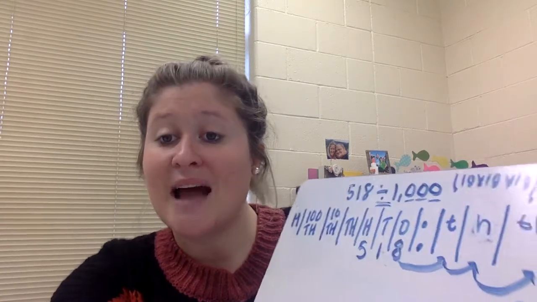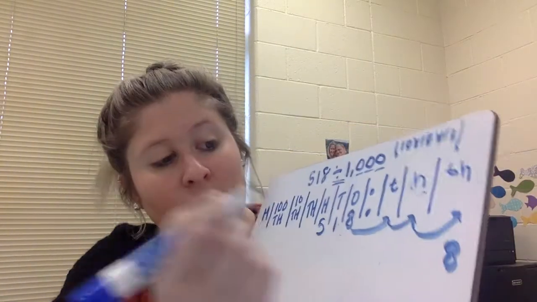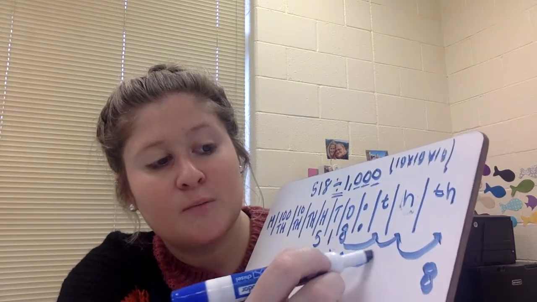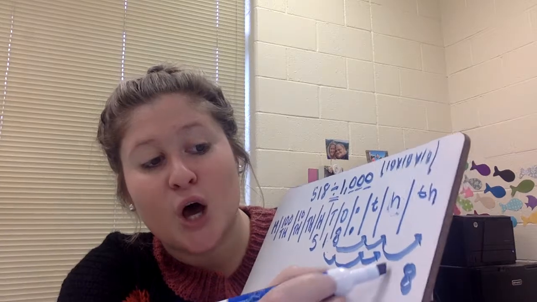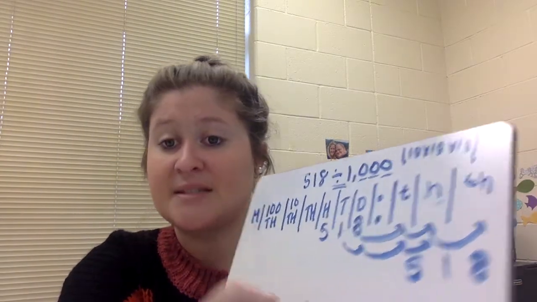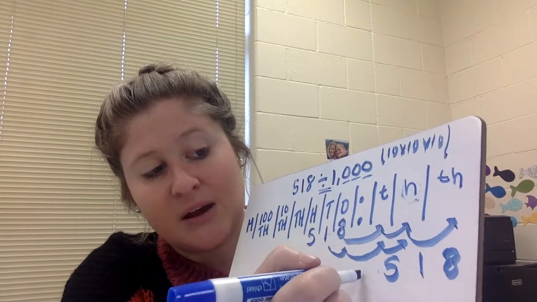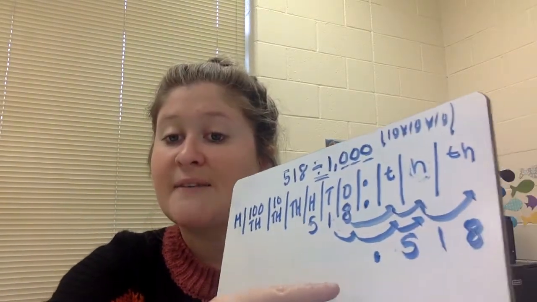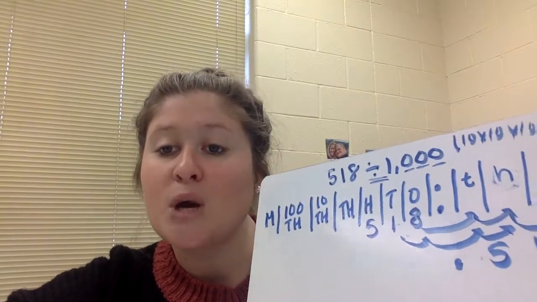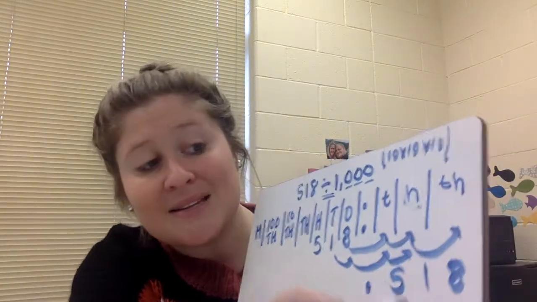So the 8 is now in the thousandths place. Okay, the 1, same thing. Moves to the ones, moves to the tenths, moves to the hundredths, and the 5 follows suit to the tenths place. So now if I bring my decimal down, it is 518 thousandths.